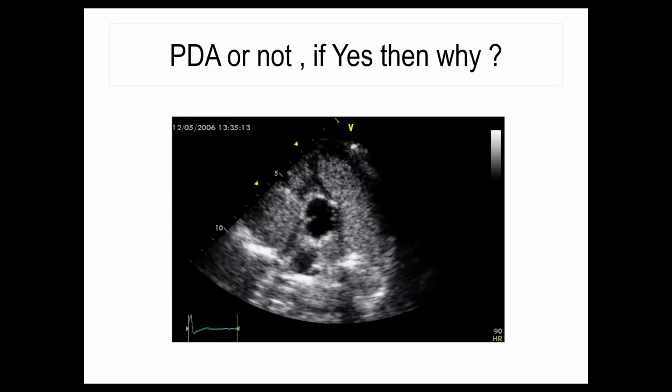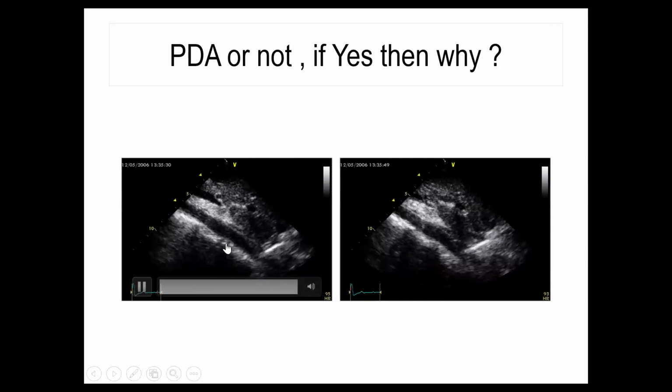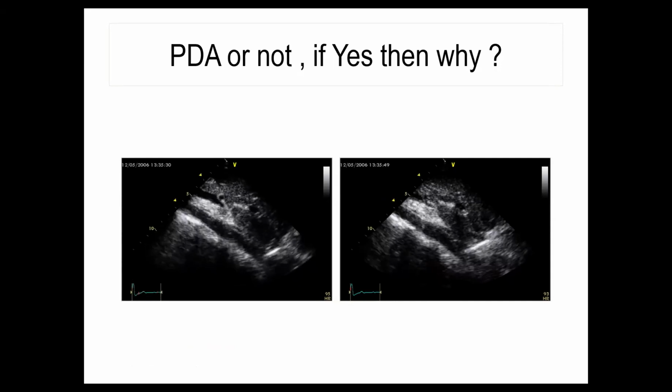And we were able to see these bubbles in the descending abdominal aorta. So there is reversal of flow. This is known as Eisenmenger with PDA. Okay. Thank you, sir. Clear? All right, good.